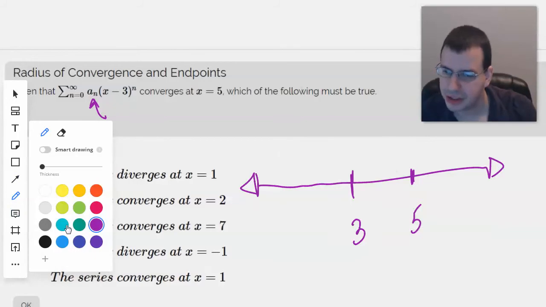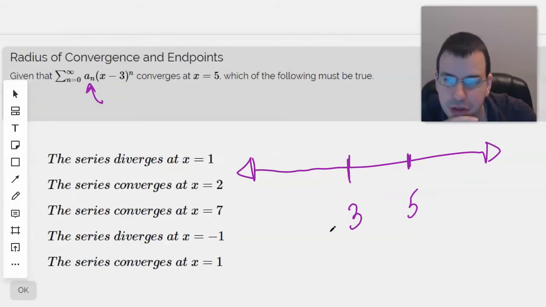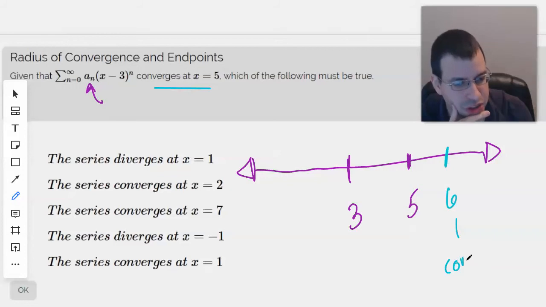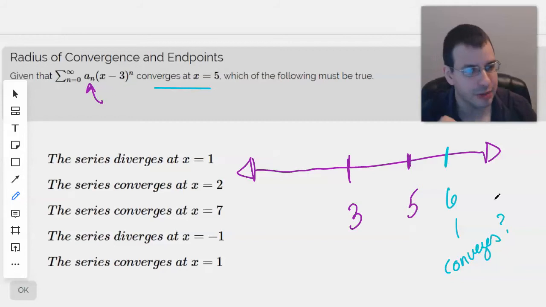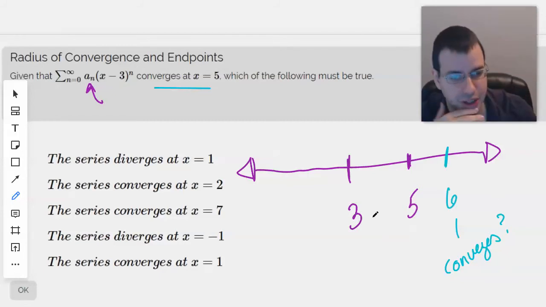This is interesting. We're told it converges at 5, but we don't know if it converges out here as well. So let's say 6 converges, question mark. We don't know anything about where it diverges because it only tells us where it converges.